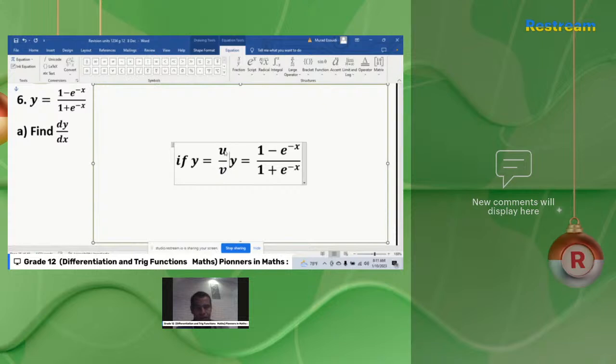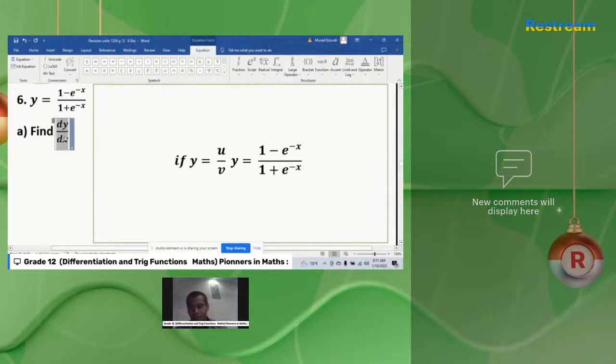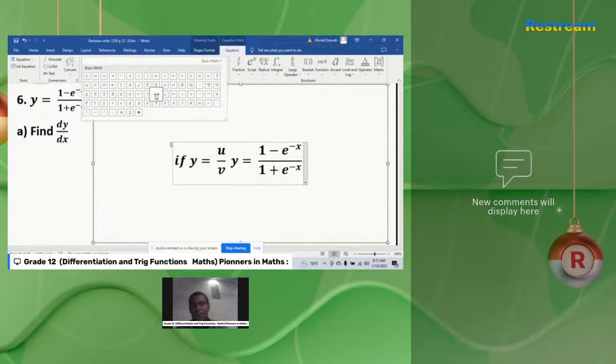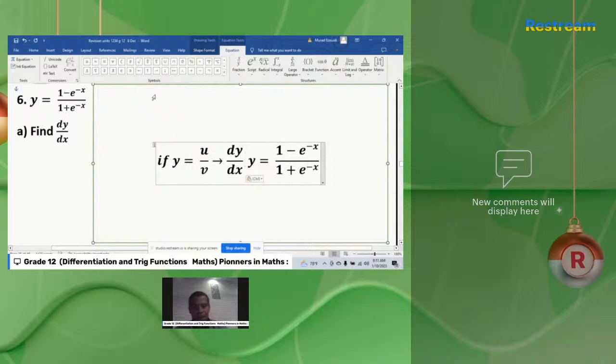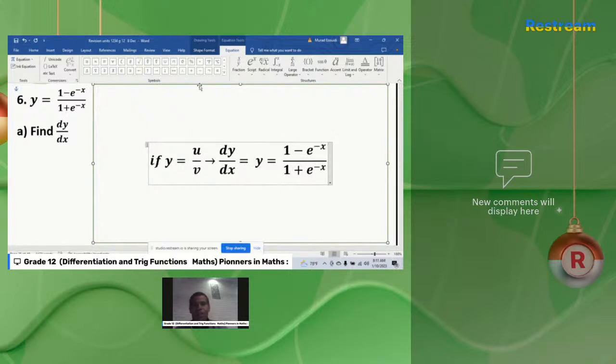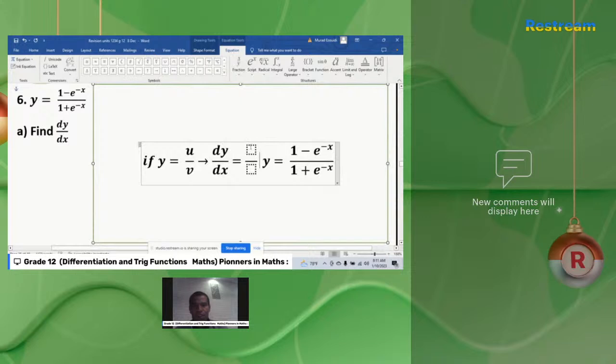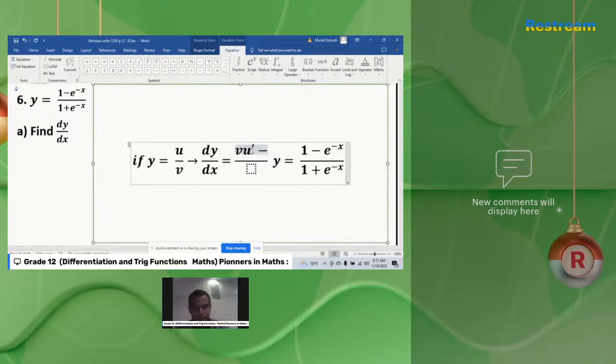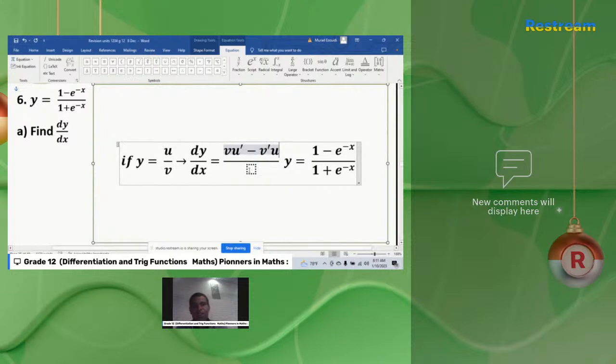Therefore, y dash, or dy with respect to x, is equal to v multiplied by u dash, then minus v dash multiplied by u, all divided by v squared. This is the formula in general.